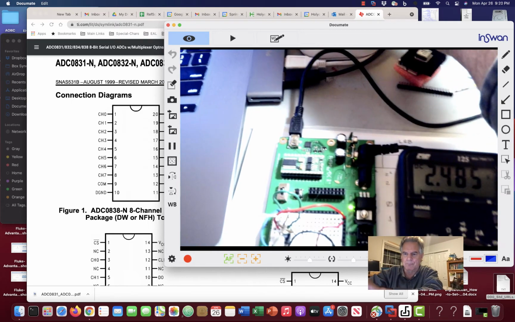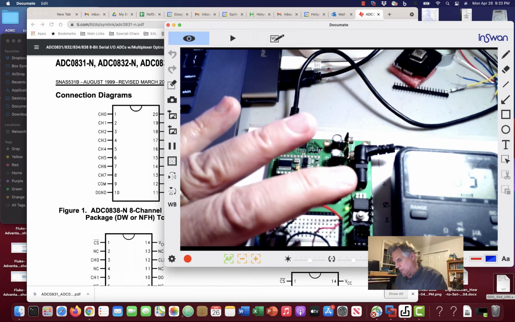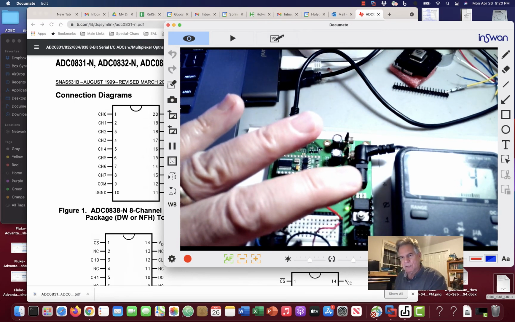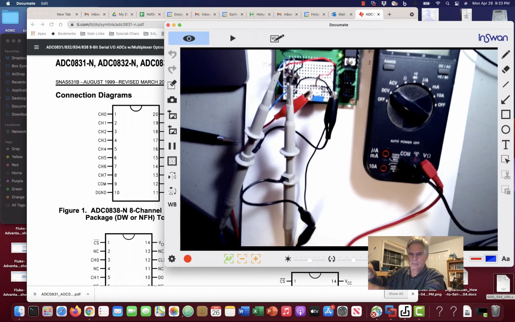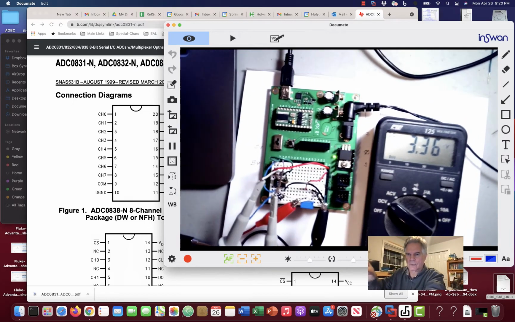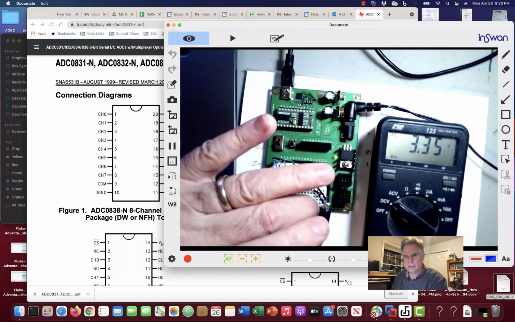But let's set this. I'm going to go in here with a screwdriver and change the potentiometer. Oops, that's a little tough to see the voltage. There's 3. Okay, let's make it, how about 3.4? Whoop. 3.5.